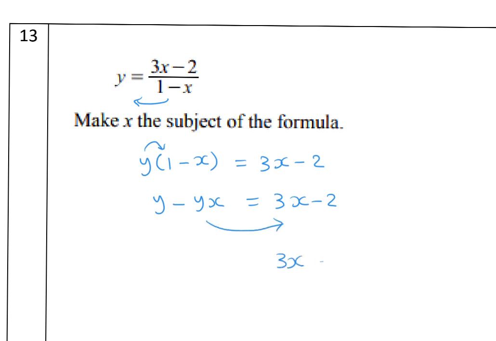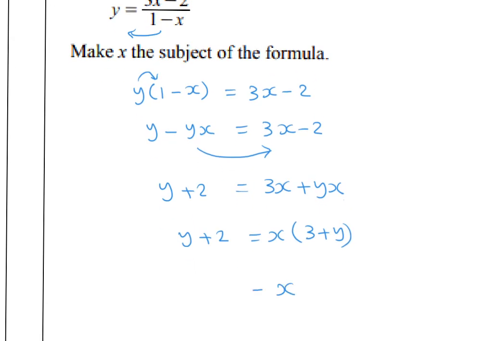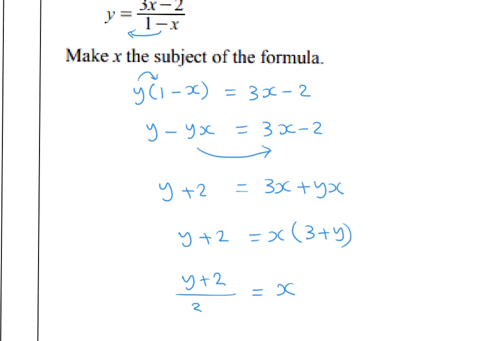So 3x plus yx equals y plus 2. Now factorize x. x brackets 3 plus y, equals y plus 2. So y plus 2 over 3 plus y is equal to x.